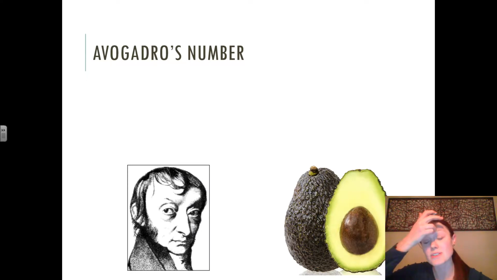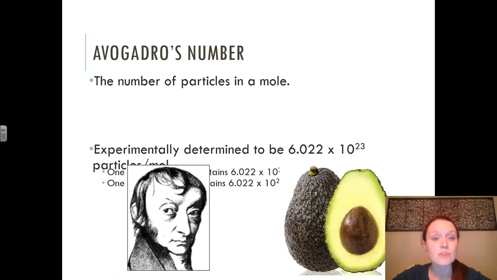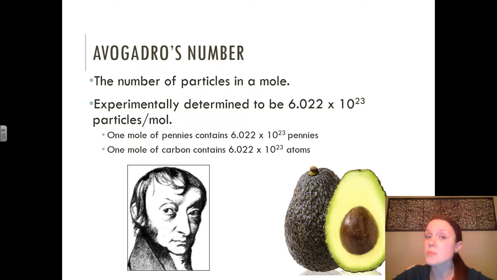Now, what is Avogadro's number? Avogadro's number is the number of particles in a mole, and it's a very large number. In 1 mole of a substance, there are 6.022 times 10 to the 23rd particles. Just like there are 12 particles in one dozen, there are 6.022 times 10 to the 23rd particles in one mole.